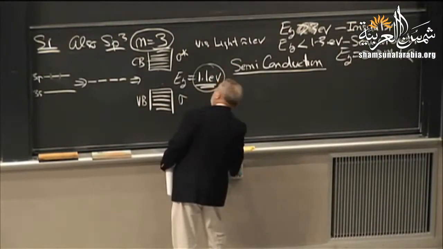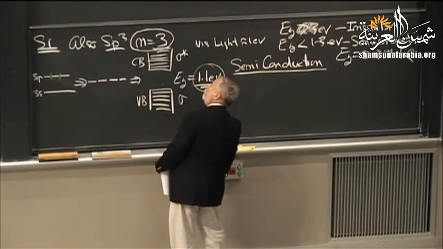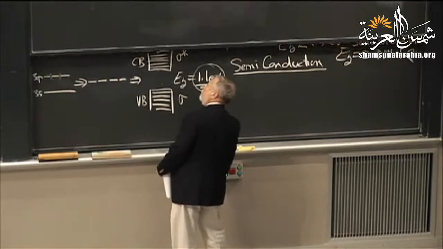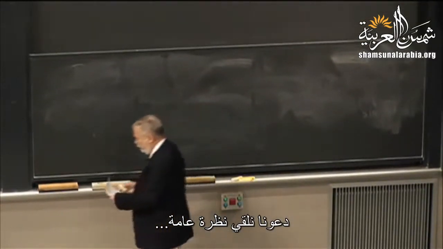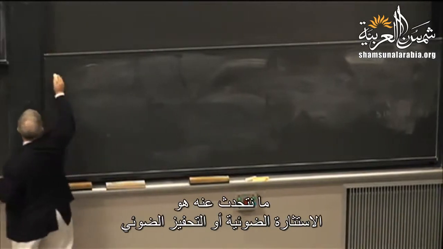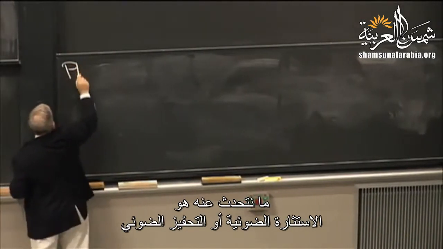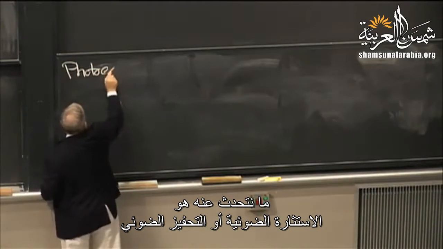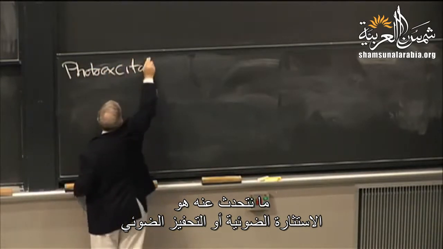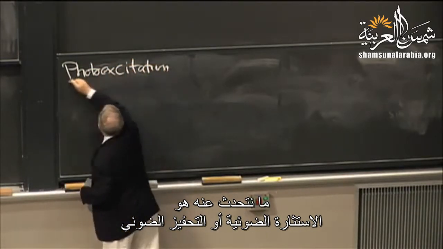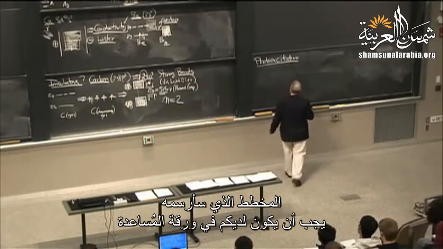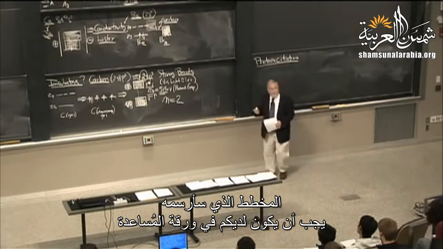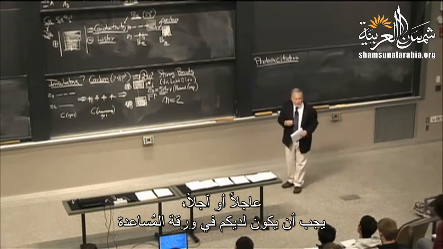All right. Whoops. You know something? I'm going to have to drop down here. Forgot about that. Okay. Let's take a look in general at what we're talking about, which is photo excitation. Now this is a diagram which you should have in your aid sheet. Sooner or later, you should have it in your aid sheet.